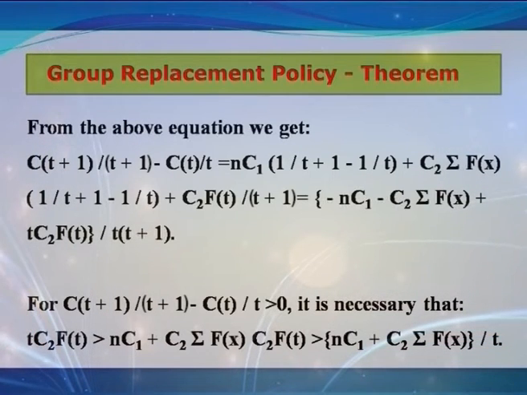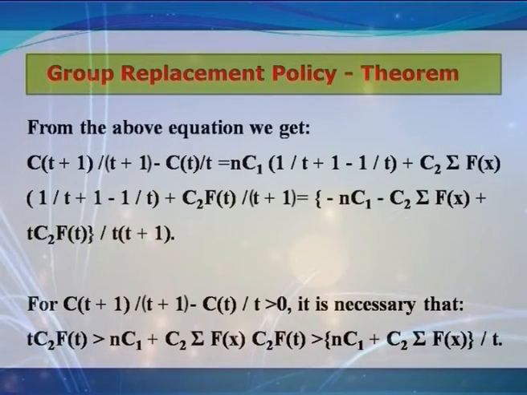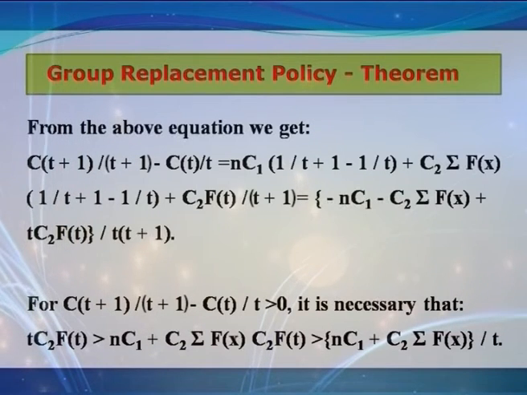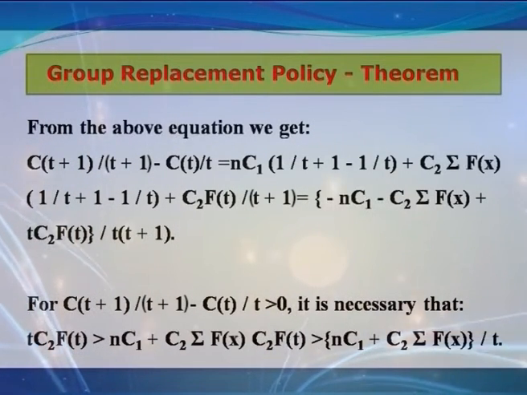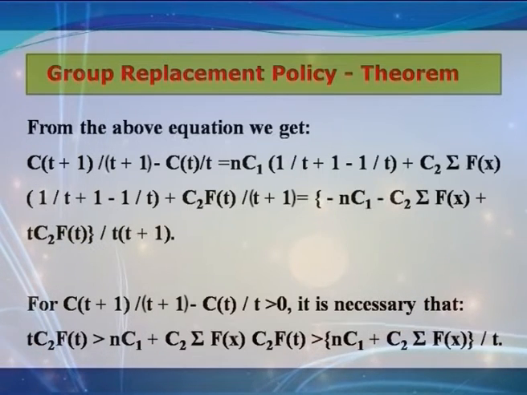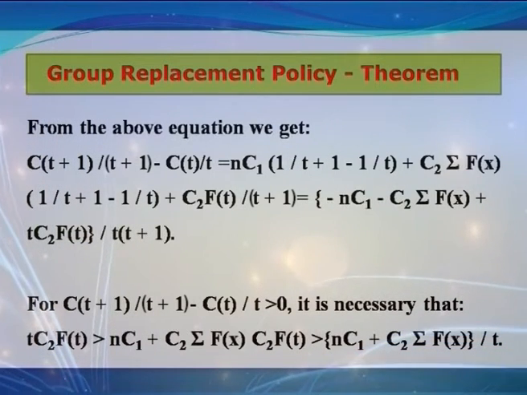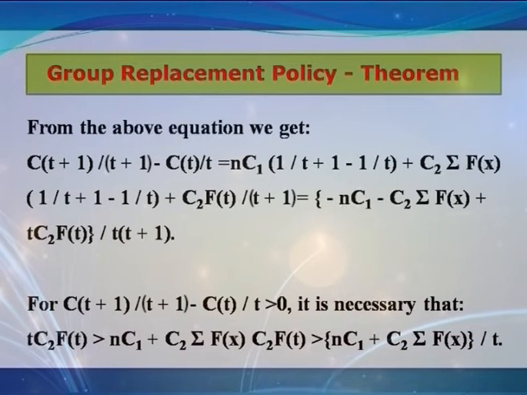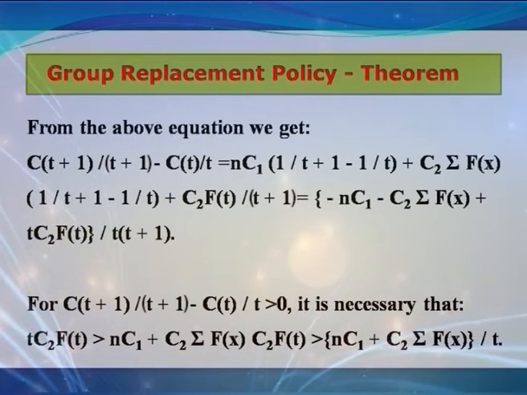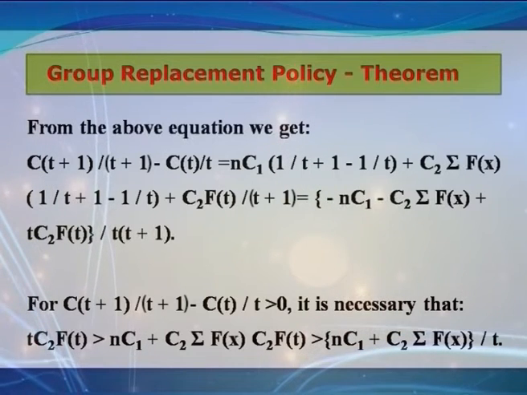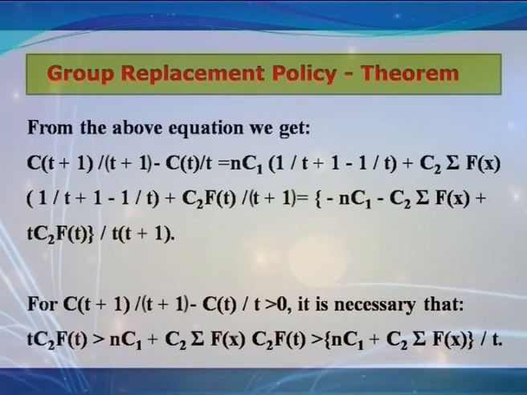For C(T+1)/(T+1) − C(T)/T greater than 0, it is necessary that T C2 f(T) > nC1 + C2 Σ f(x), that is, C2 f(T) > (nC1 + C2 Σ f(x))/T.